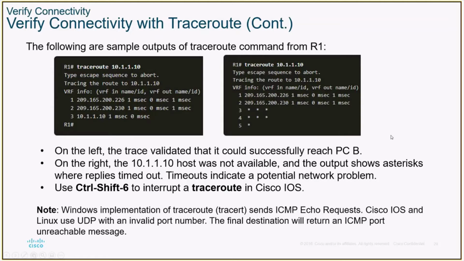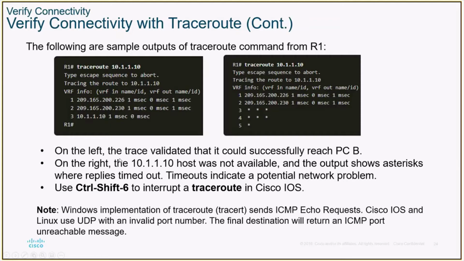Now, these are trace routes from a Cisco router. On the left, the trace validated that it could successfully reach PCB. On the right, the host was unavailable, or could not be connected to. So the output shows asterisks where replies timed out, and of course they indicate a potential problem.